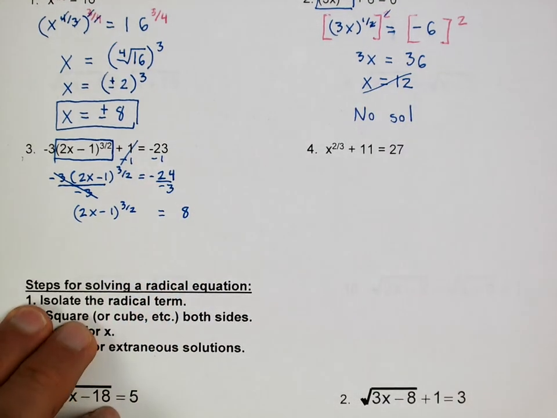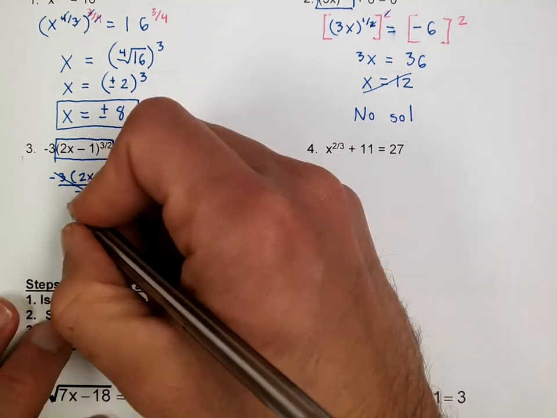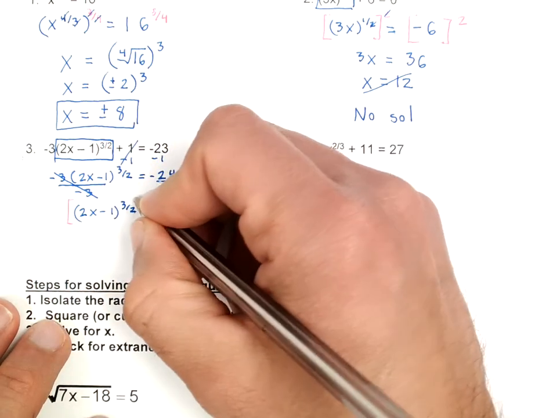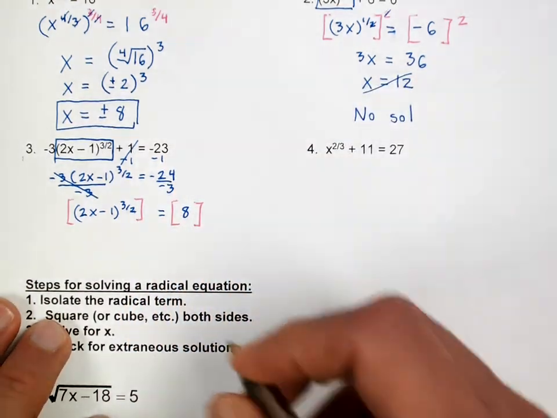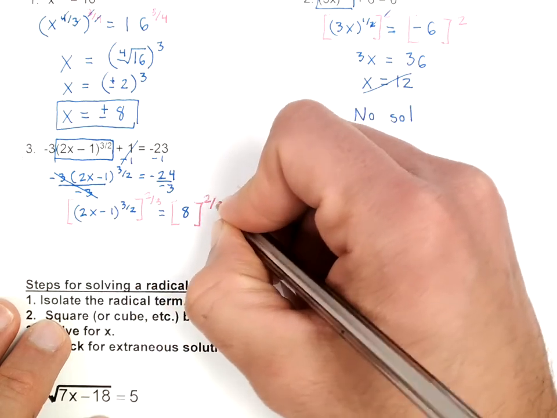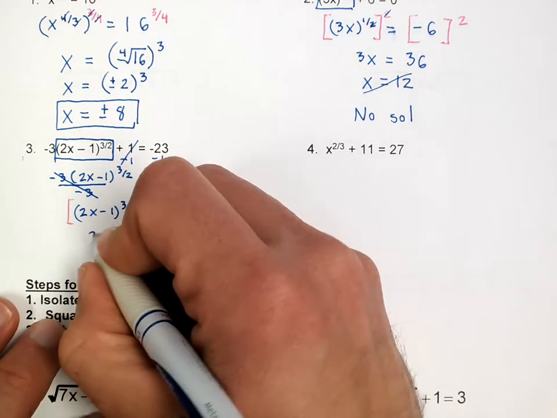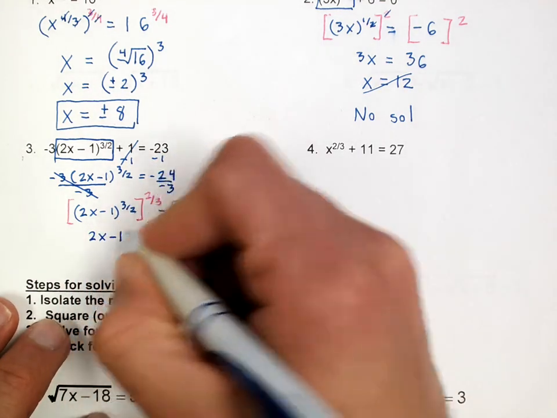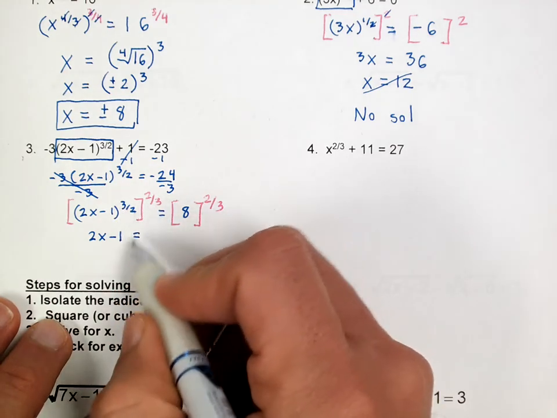Alright, so now that I have that term isolated, my next step is to raise this to the reciprocal power. The reciprocal power in this case would be 2/3. So I'm going to raise this to the 2/3 power. So this is going to give me 2x minus 1, because 3 halves times 2/3 is 1.